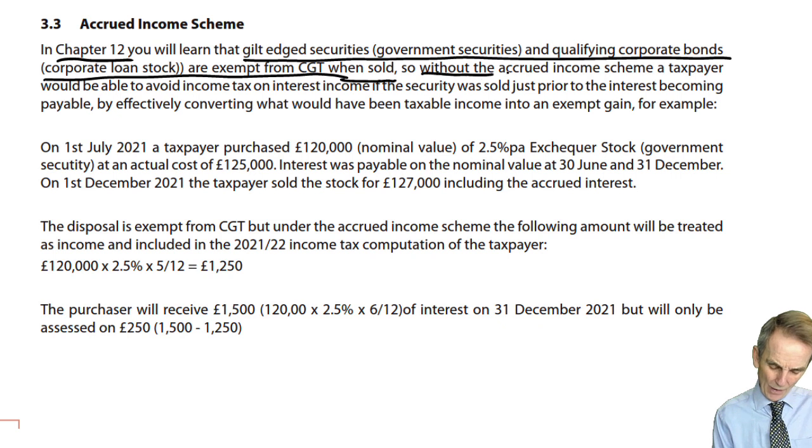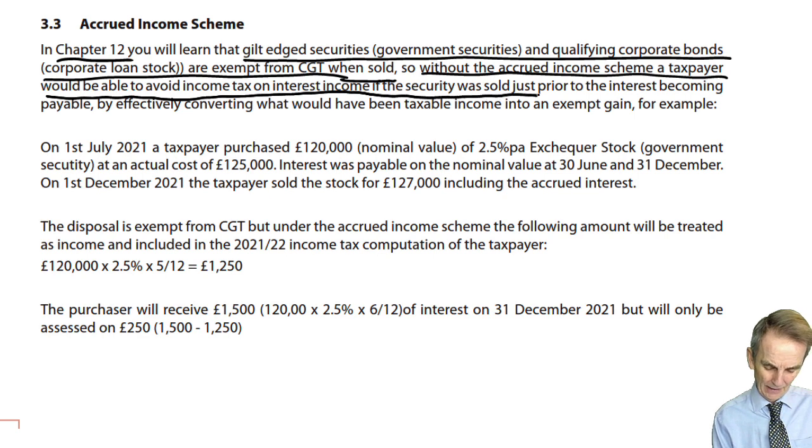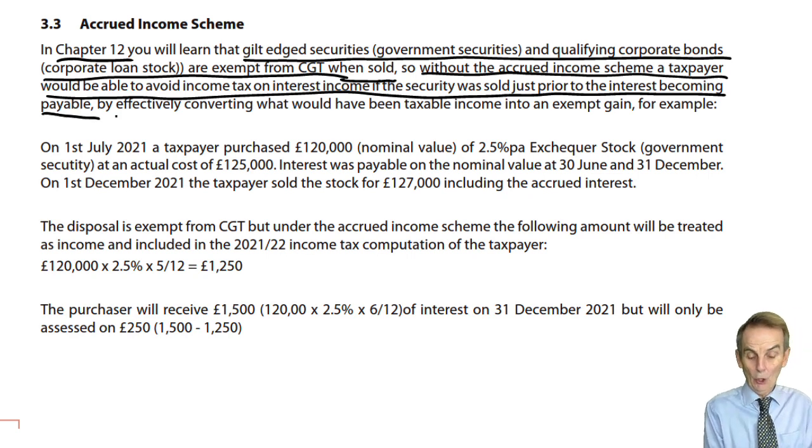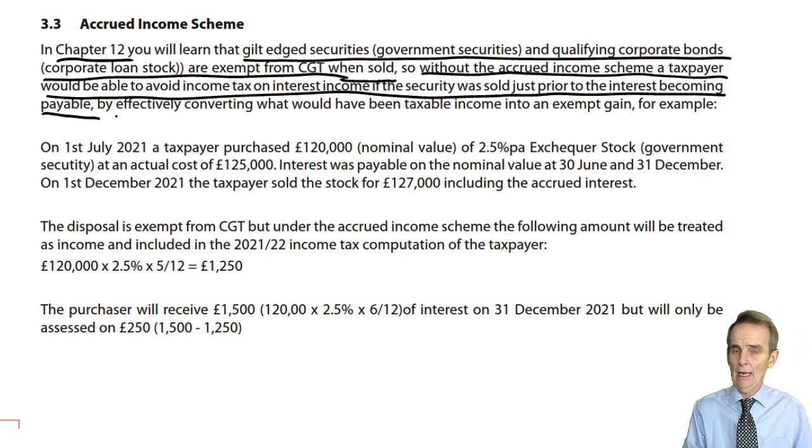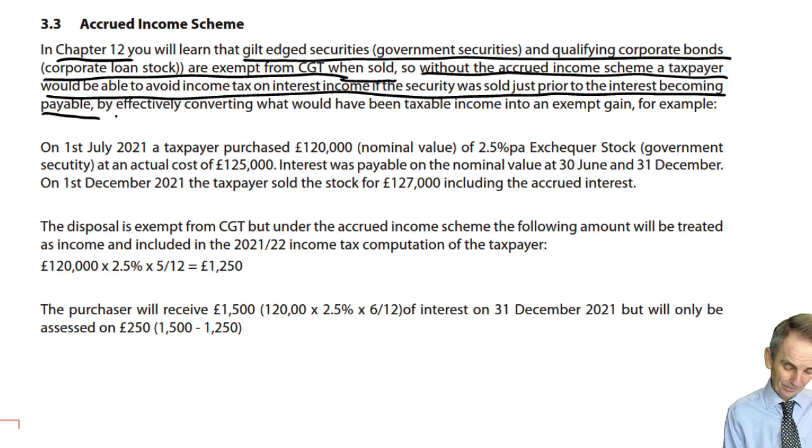So, without the accrued income scheme, a taxpayer would be able to avoid income tax on interest income if the security was sold just prior to the interest becoming payable. Obviously, the closer and closer you get to that interest pay date, the higher the value, the bigger the amount of accrued income.